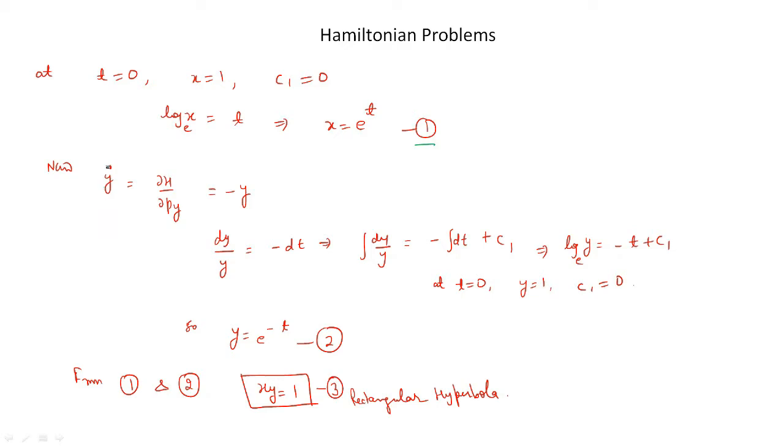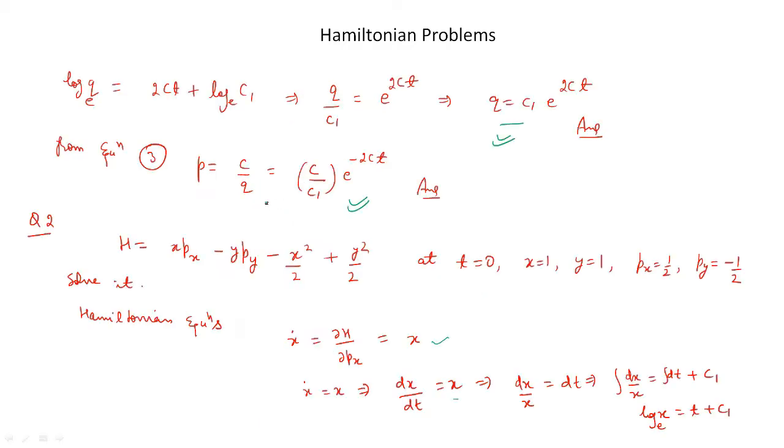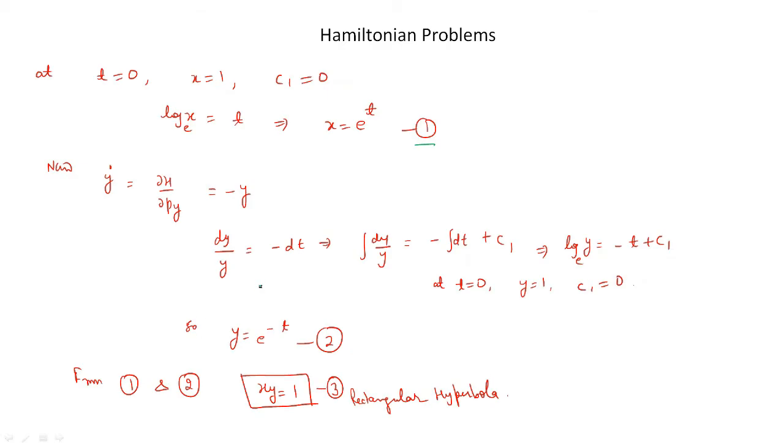Similarly, here you can find y dot, it will be equal to ∂H/∂py, and from the earlier relation which was given, H is equal to x px − y py − x²/2 + y²/2. Here, if you differentiate this equation with respect to py, then you can find the value of y dot.